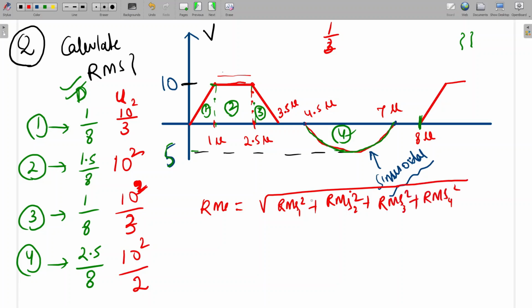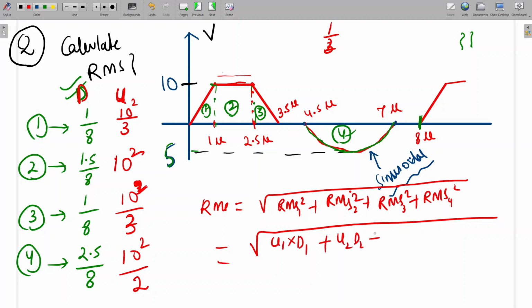RMS is the under root of U into D. So if we take the square, we can write it as U1 into D1 plus U2 into D2 plus U3 into D3 plus U4 into D4. Is it clear?